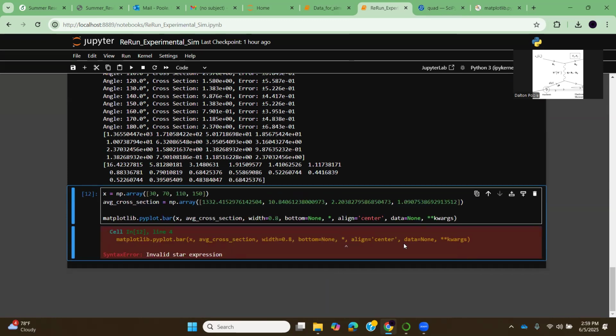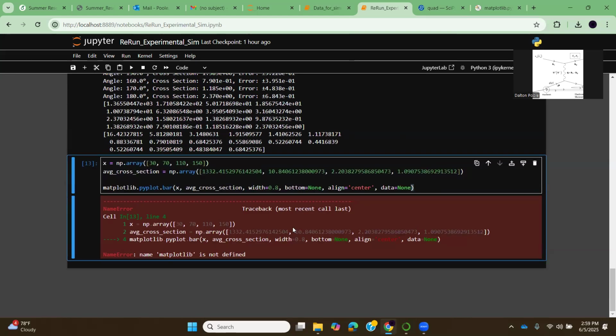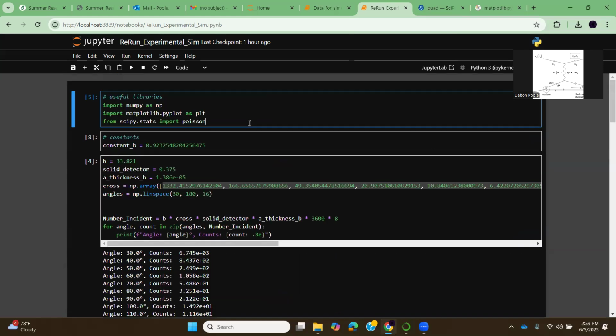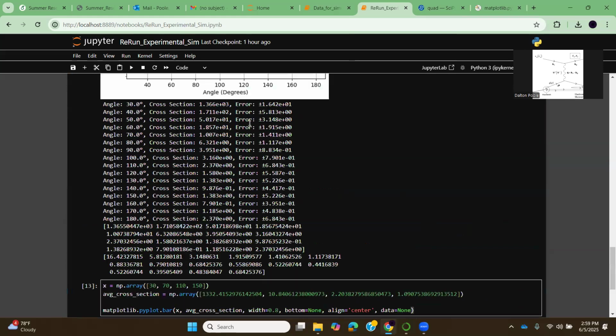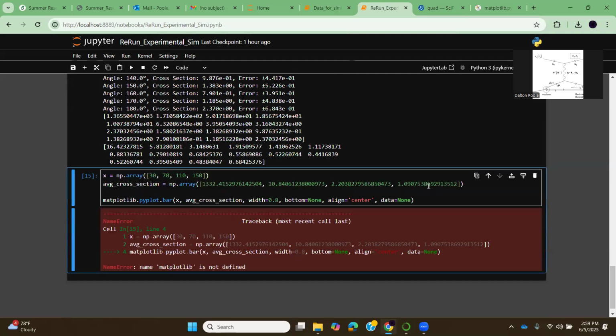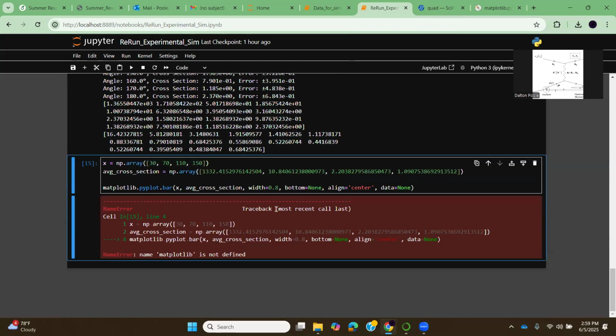Invalid star expression. Oh, that. I think I should get rid of this as well. No, of course. Run that. That is not defined.